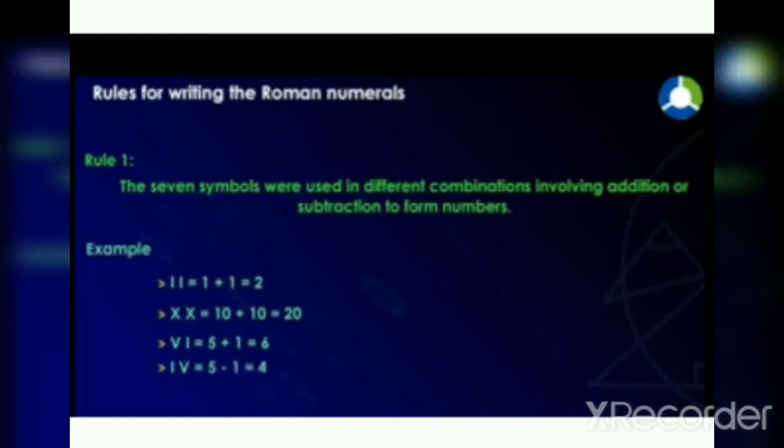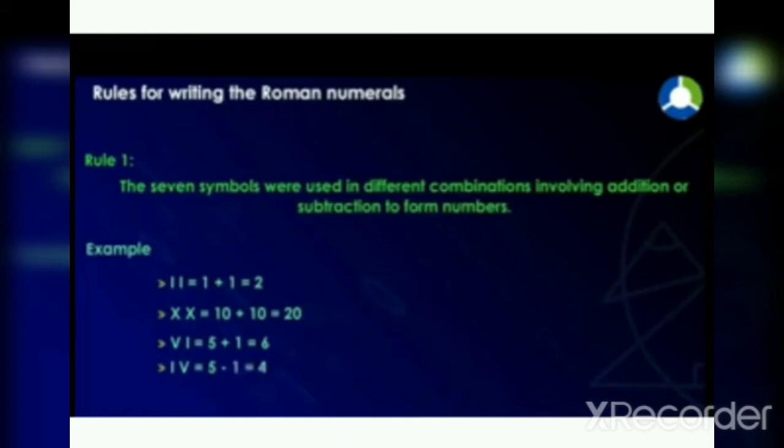The first rule says that the 7 symbols were used in different combinations involving addition or subtraction to form numbers. For example, I and I. As I told you, I stands for 1. So 1 plus 1 is equivalent to 2.